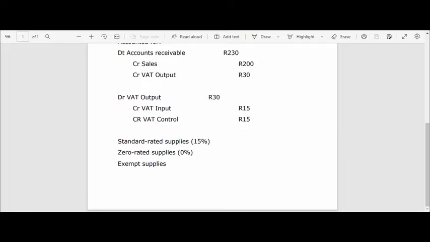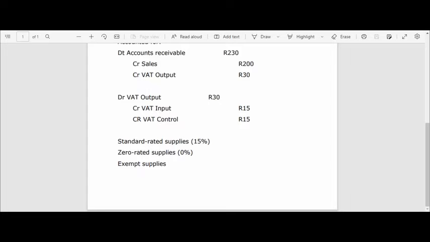Inati, about the VAT control. The VAT control is simply where at the end of your VAT period, it is simply the account where you close your total VAT inputs and your total VAT outputs too. You're going to close off your VAT input account, and the total balance on that account will be taken to the VAT control account.